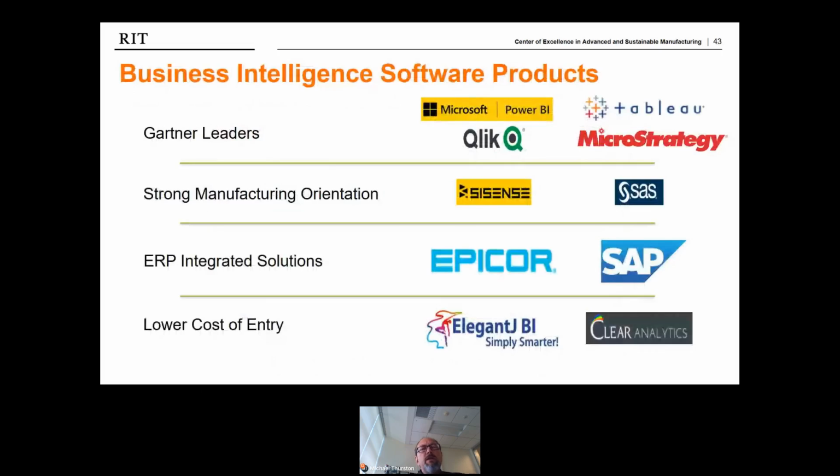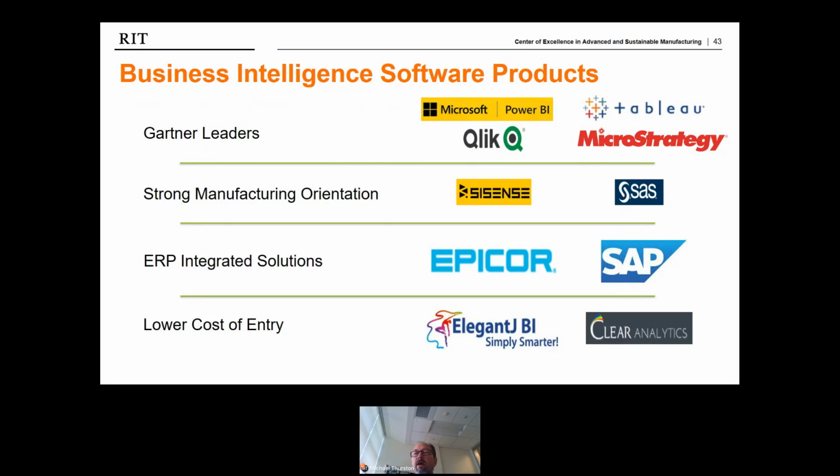Moving on to the business intelligence side, there are a wide range of different options in business intelligence software, and there are some fairly good resources available to compare features that you can find online. Some of the leaders based on a Gartner study of business intelligence products include Microsoft Power BI and Tableau. I mentioned those earlier. Tableau is now part of Salesforce, so it's somewhat integrated with Salesforce CRM, which is a benefit.